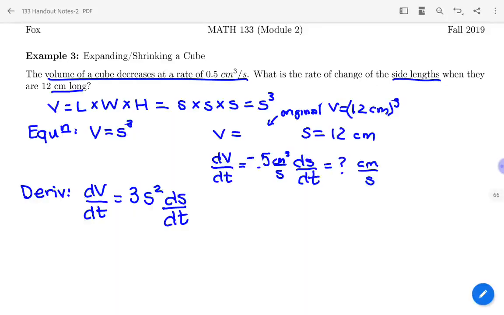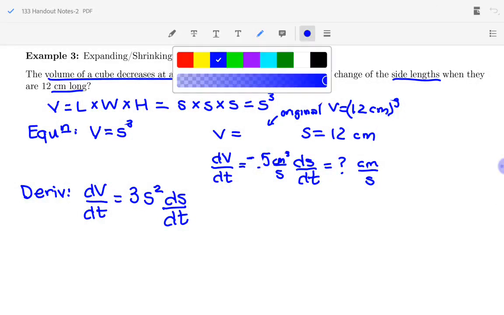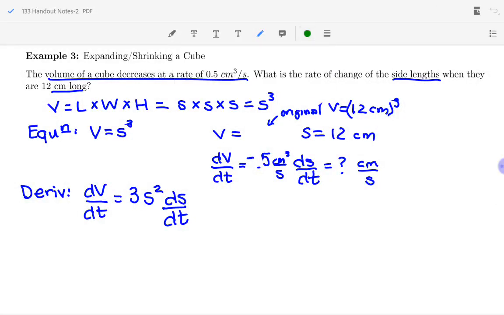So now that we have our derivative, we're going to plug in all the pieces that we know and solve for dS dt. We always know one rate and we're solving for the other. So I know dV dt. The volume is decreasing by 0.5 centimeters cubed, so I'm going to plug in a negative 0.5 on that side, and then we write equals 3 times my current side length, 12, squared, and then I'm solving for dS dt.